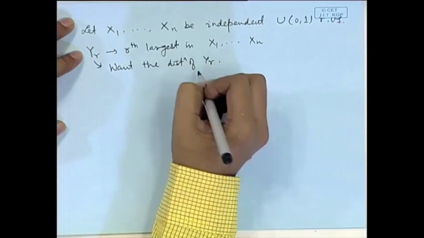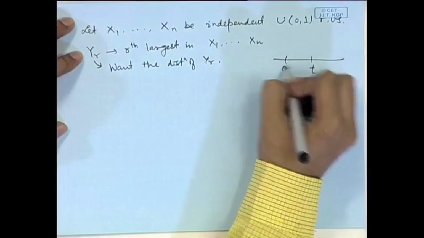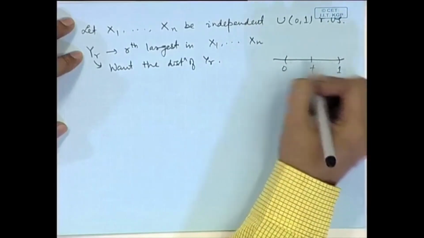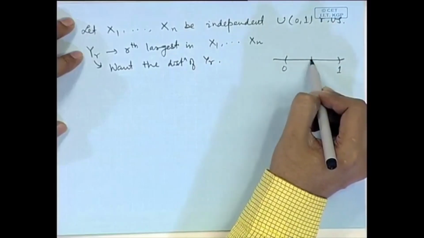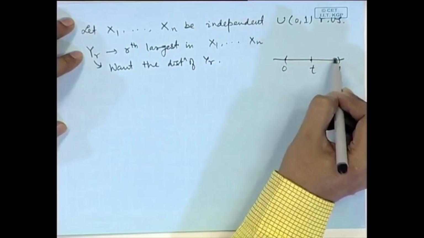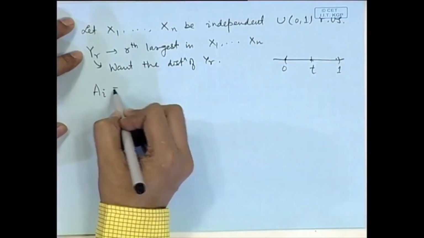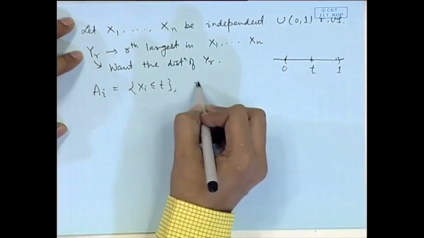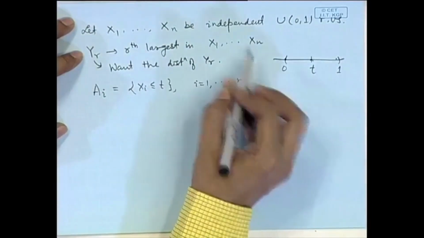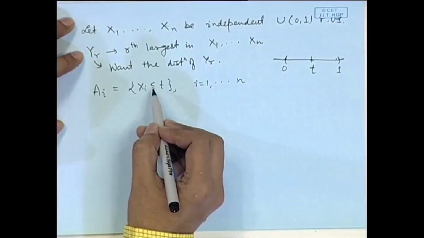Now, to consider this, we may consider some point t on the interval 0 to 1. Then any x i may be bigger than t, that means it may be between t to 1, or it may be between 0 to t. So, if we consider A i to be the event that x i is less than or equal to t, and if the x i's are independent, then the A i's are independent events.